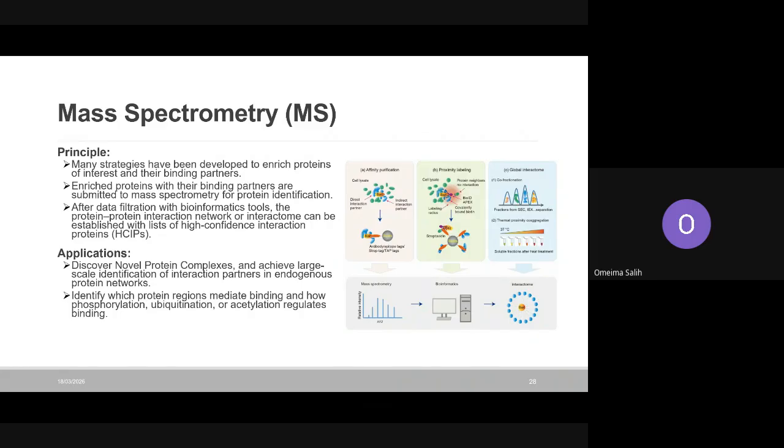Mass spectrometry is more analytical rather than testing an interaction. So after you proceed with your different methods of testing the interaction, if it is answering the first question, if there is an interaction or not, then you can study more about this complex using mass spectrometry.